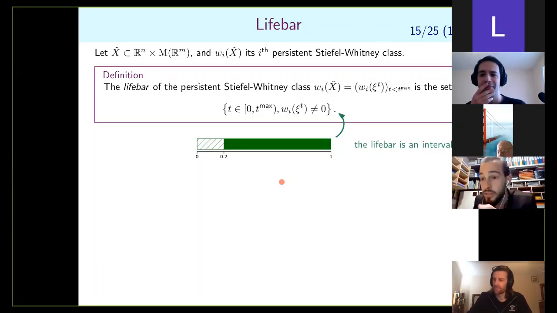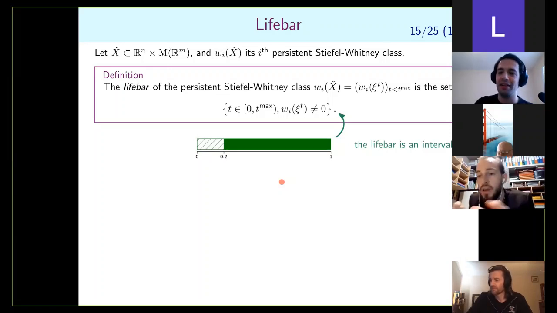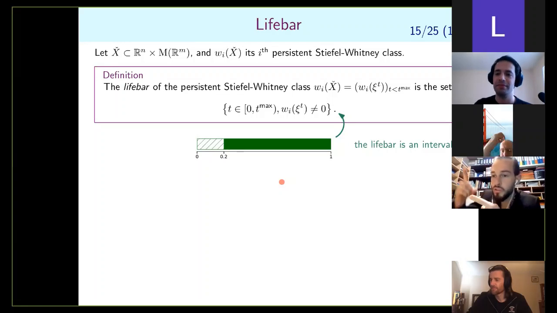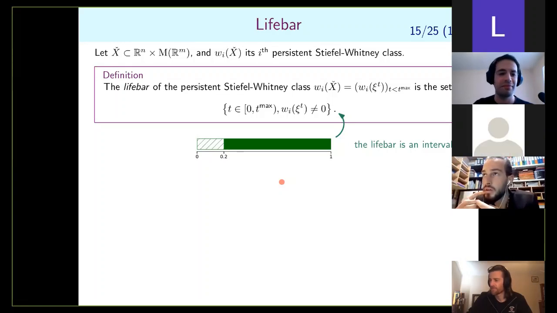But your weather example is a trivial bundle, isn't it? There's no twisting in it. So in this case, if you just follow the tangent bundle of your, I don't know, maybe there's a storm with an eye in it. I'm trying to envision when things could become more complicated.